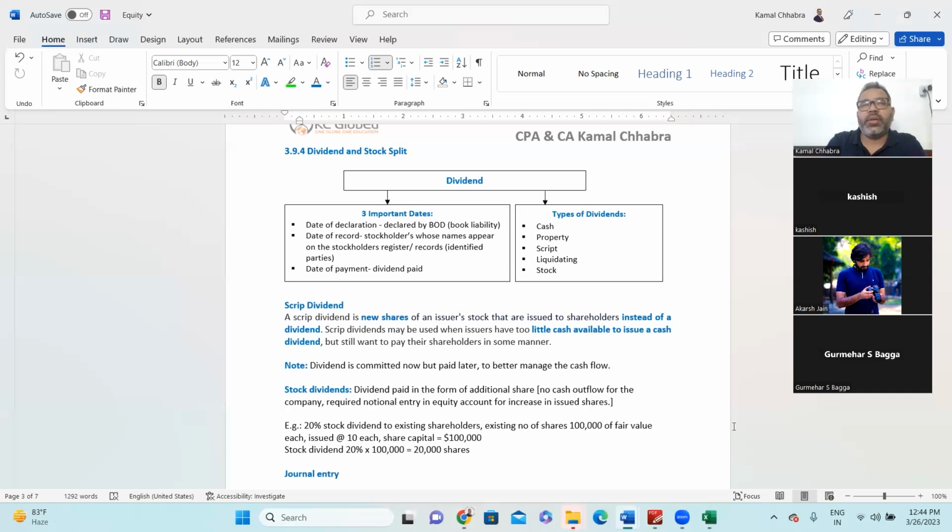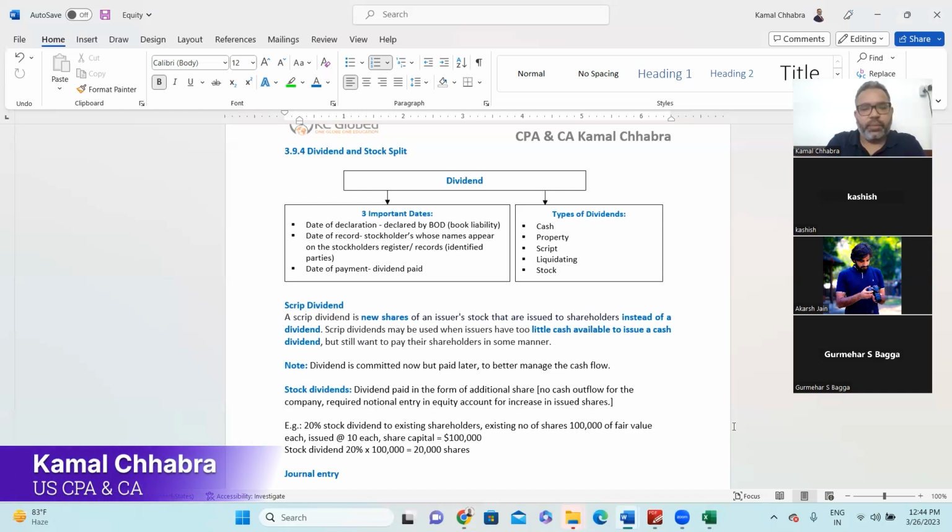To whom is this dividend payable? The registered shareholders at the end of 31st December 2022. For example, let's assume a company like Microsoft, IBM, TCS, Google, or maybe Intel, HP, General Motors, whose stocks are listed on the New York Stock Exchange, NASDAQ. So people might be buying and selling throughout the day.